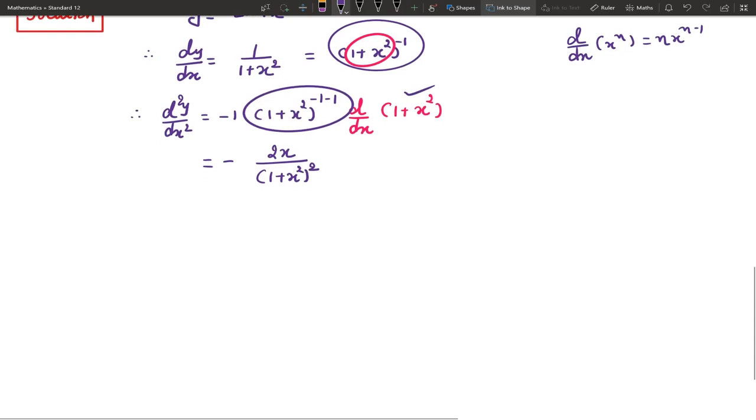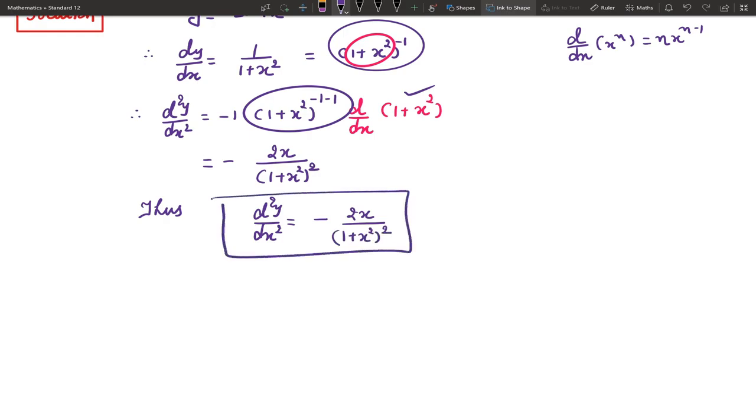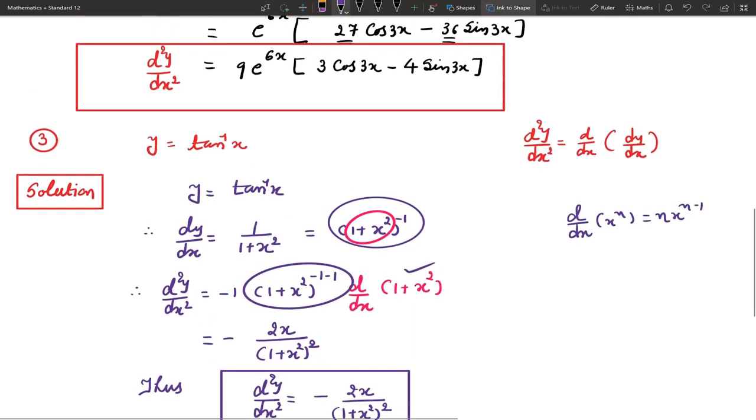So thus d2y by dx2, the second order derivative in this case, is minus 2x upon 1 plus x square whole square. Take the next example.